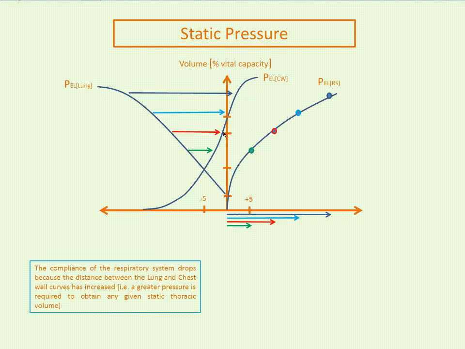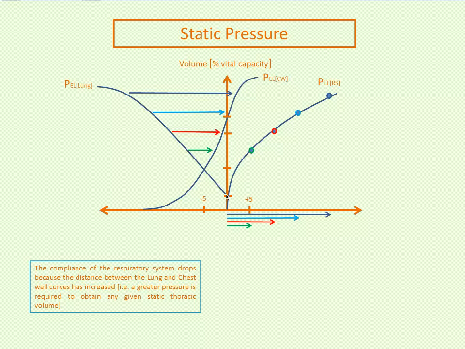This is your pleural pressure, and the ratio of how much of the alveolar pressure is distributed to the pleural space is diminished, because most of the drop in respiratory system compliance is being driven by the poorly compliant lungs. So the pleural space sees less of this pressure.